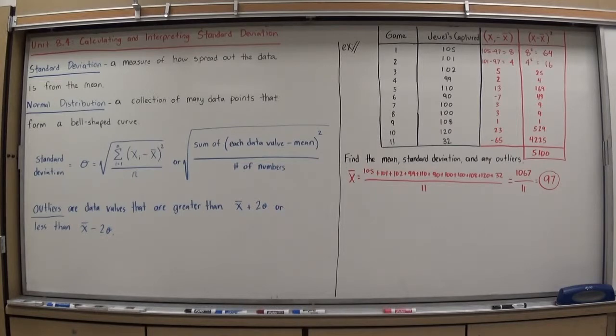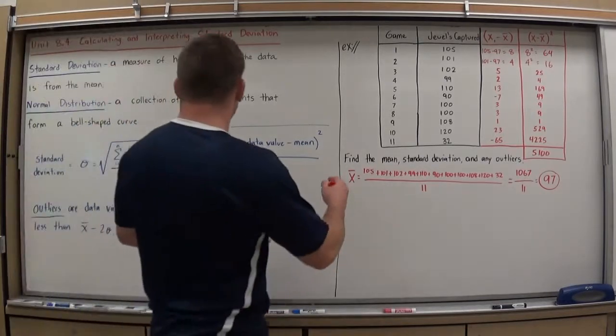Might have missed a number, let's see. 4,225. 23. No, it looks good. I think I'm good. Yep, looks good. 5,100 is my total.